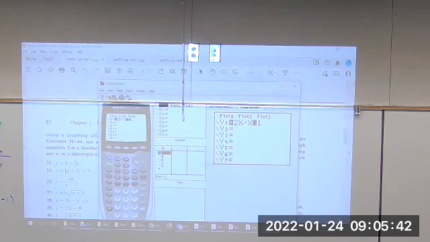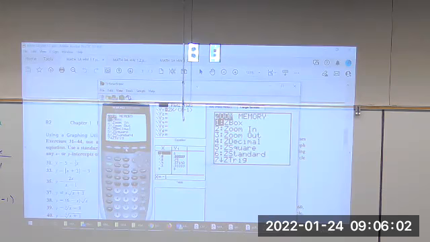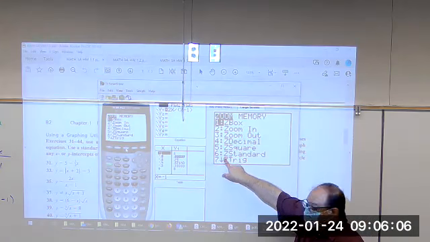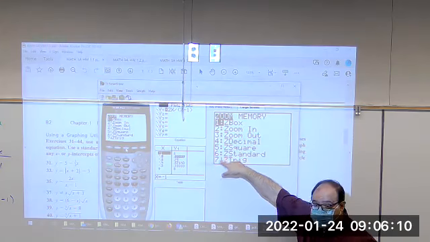Then I use a standard window. So there's your zoom. Number 6 is ZStandard. Okay, ZStandard.